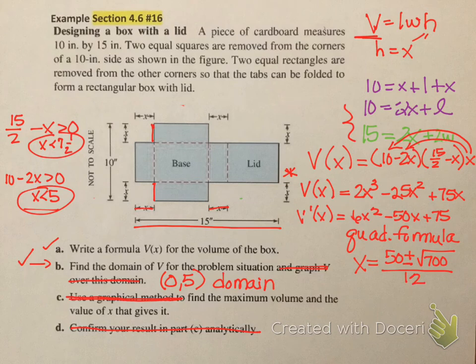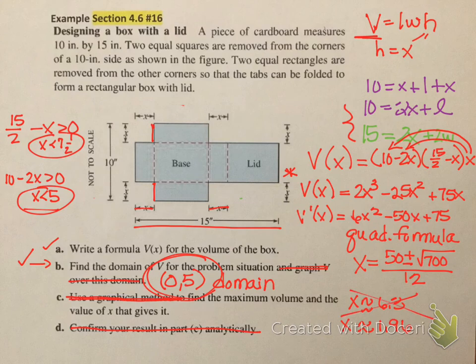And when you plug in and simplify, you would get here. And when you solve this, the two values that you get are approximately 6.3 and approximately 1.96. Now, please notice that 6.3 is not in my domain, so I can't use that.